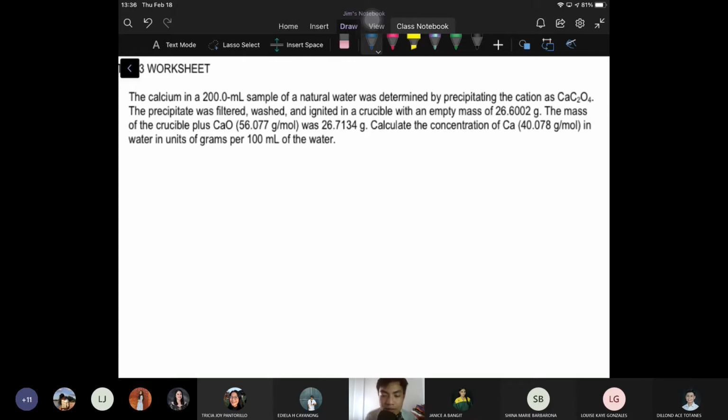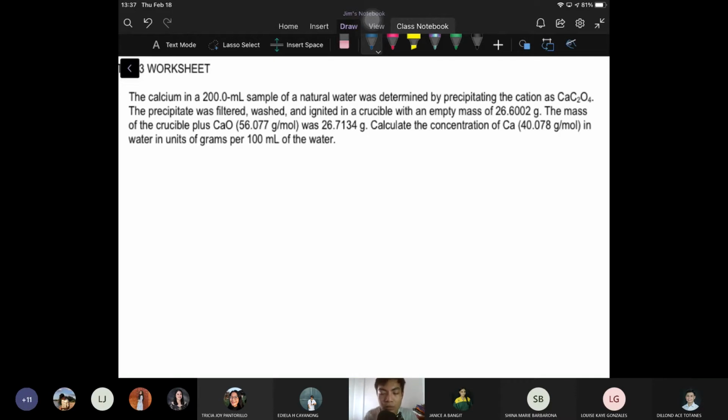So ang ginamit ni analyst dito ay yung oxalate ions. So yung oxalate, binuhos niya sa ating sample until all the calcium were precipitated as calcium oxalate. Then finilter yon, winash, and then inignite.